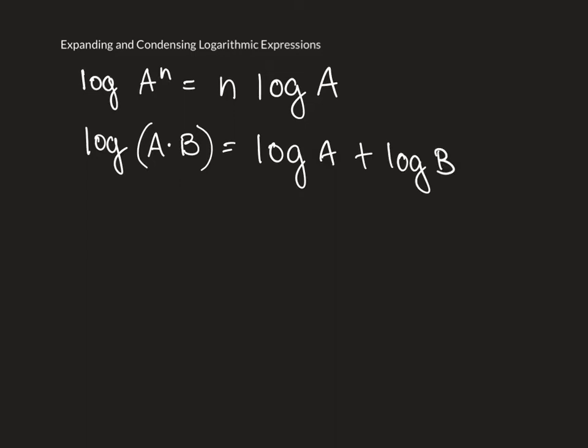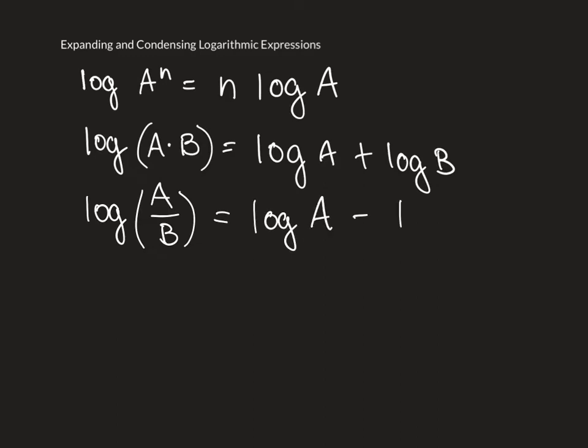Now, this is kind of the basis. And finally, log of a divided by b is log of a minus log of b. Okay, it's very important to understand that these properties are the basis of everything you're doing.